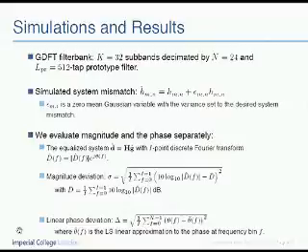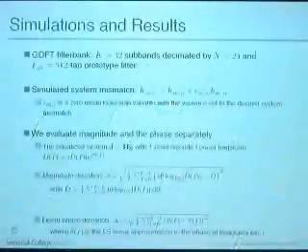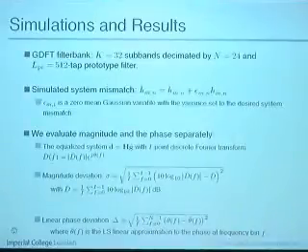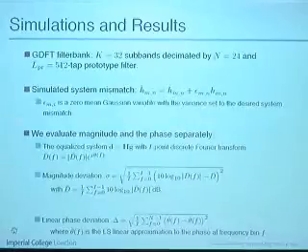So let me show you just a couple of results with this approach for equalization. For this example, we use a filter bank with 32 subbands, which are decimated by a factor of 24, and a 512 tap prototype filter for the design of the filter bank.